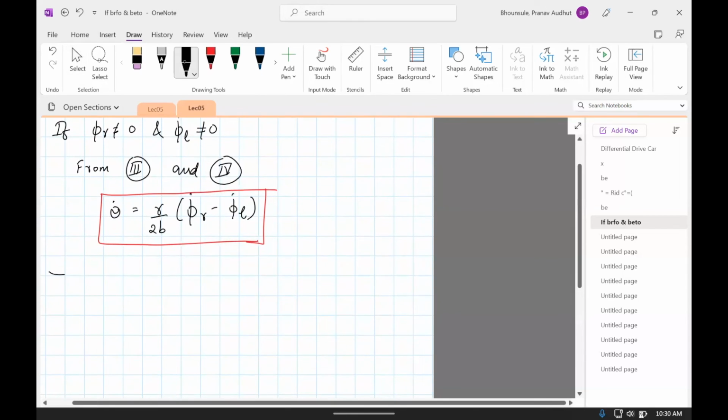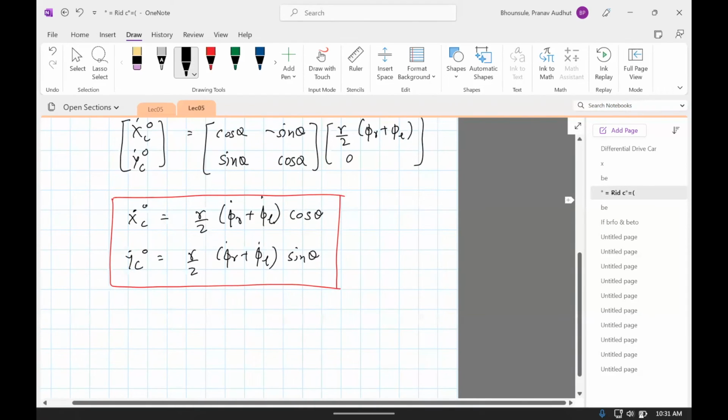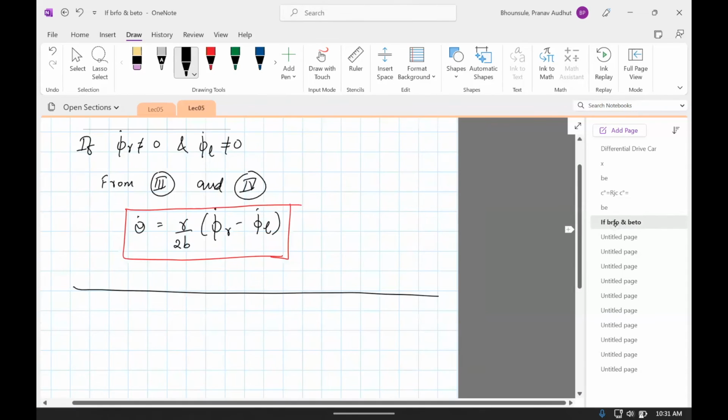And so I can write down all three formulas. I had star, and let's call this tilde.